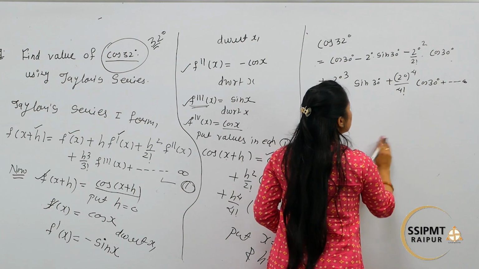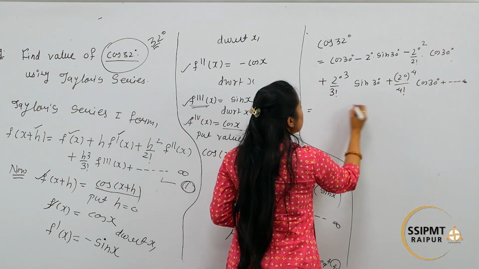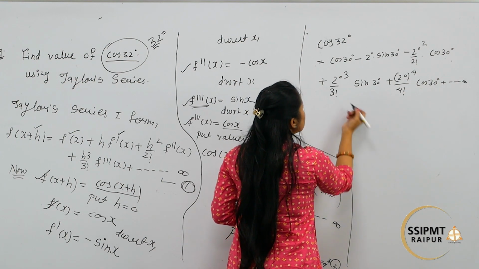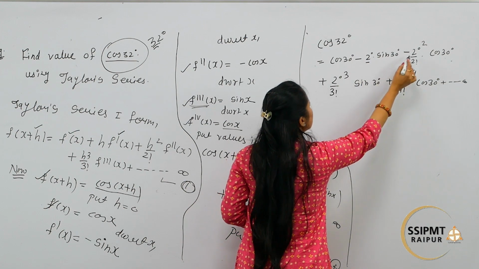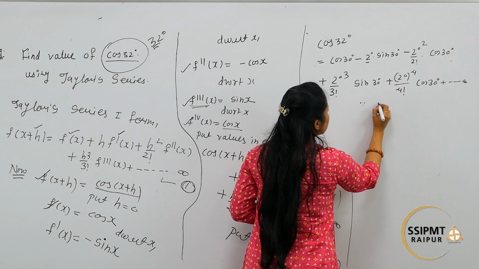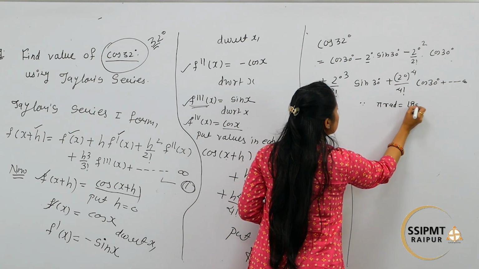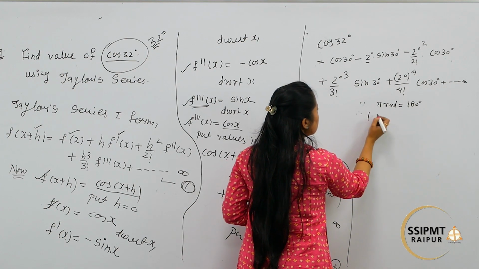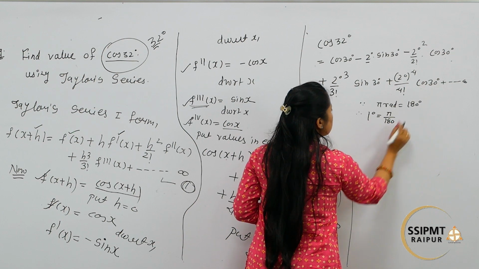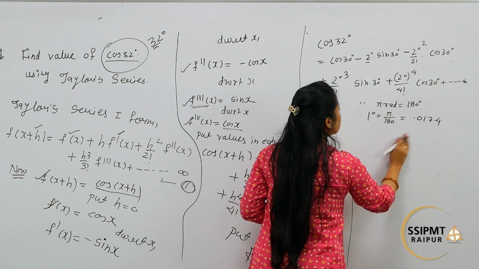Now put the values of sin 30 degree and cos 30 degree, and change the 2 degree into radian, since we know that pi radian is equal to 180 degree. Therefore 1 degree can be written as pi upon 180 radian, which is approximately 0.0174.